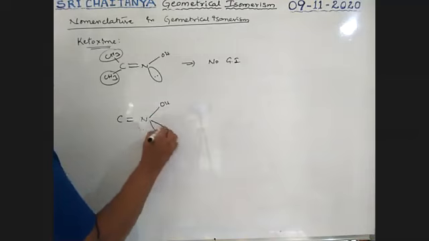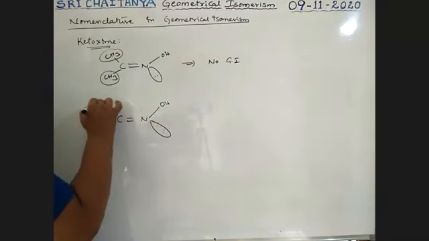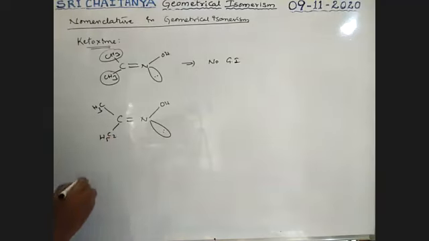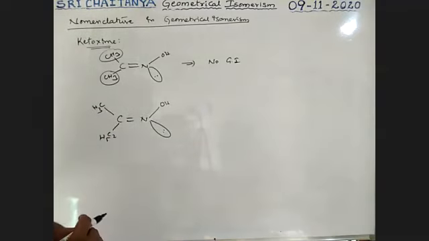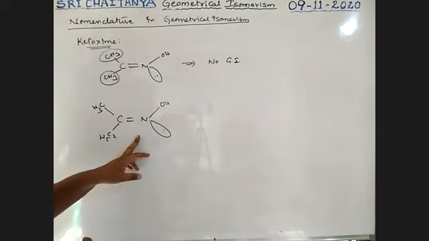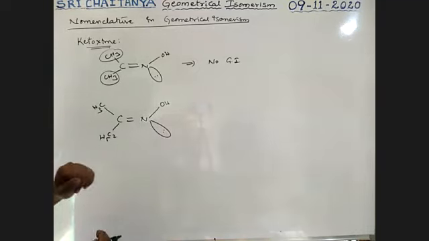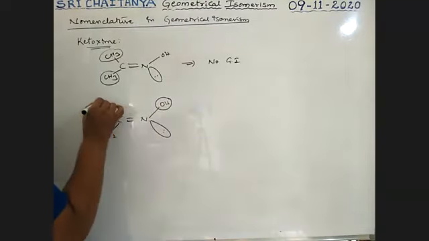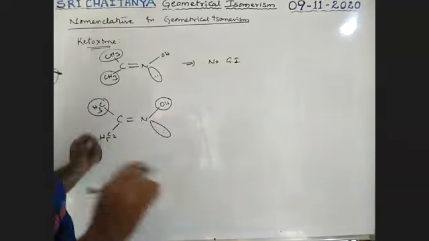OH, lone pair, CH3, C2H5, the ethyl group. This is what we explained, boys. Okay, see here. Here OH and methyl group, instead of hydrogen, methyl is there.